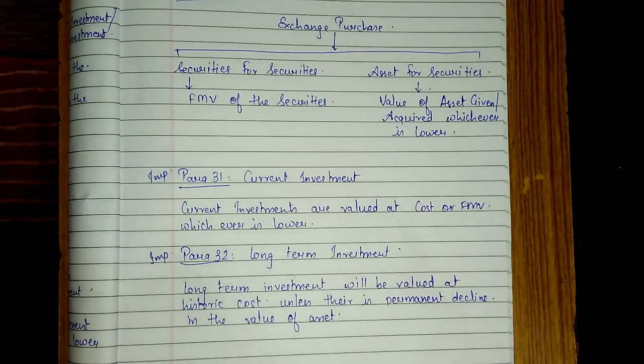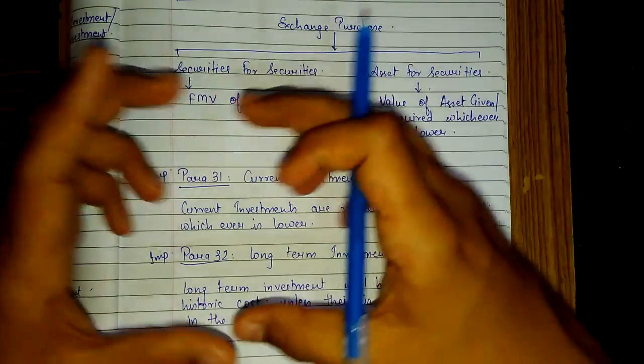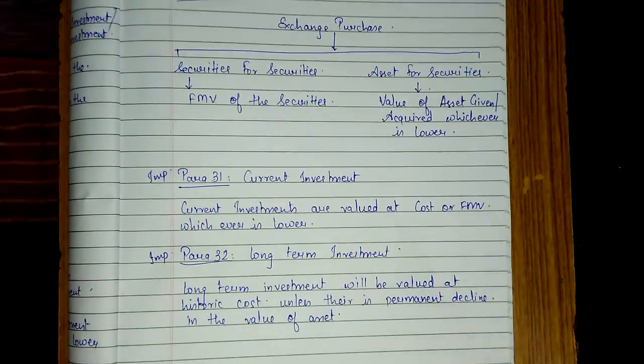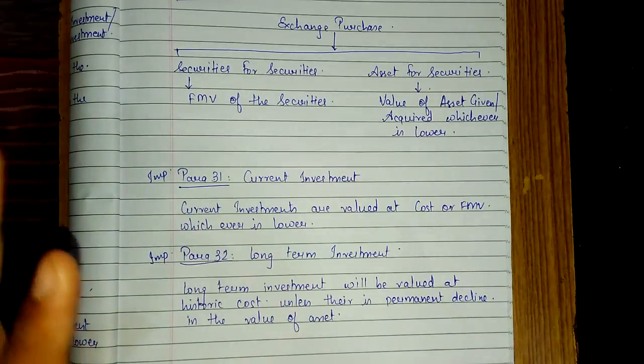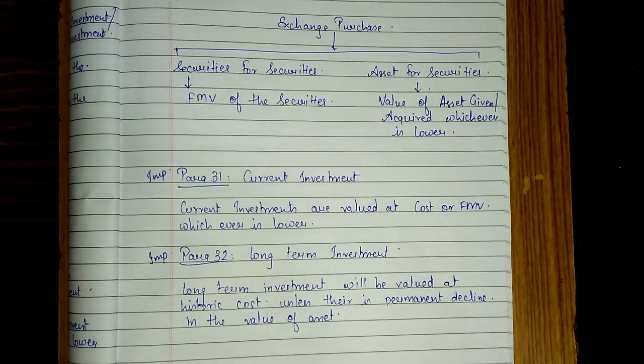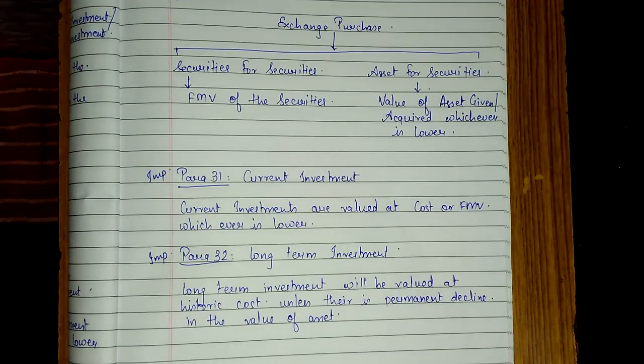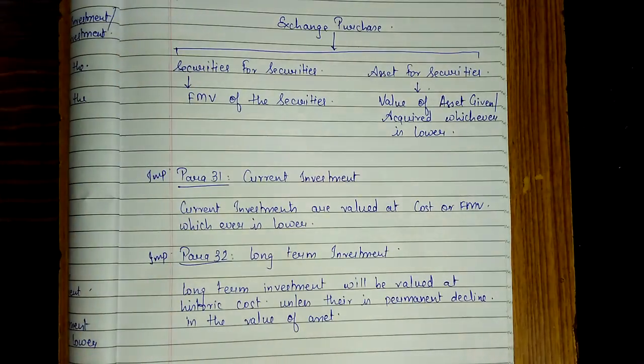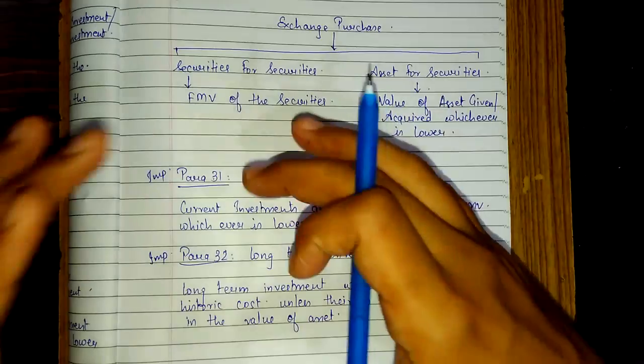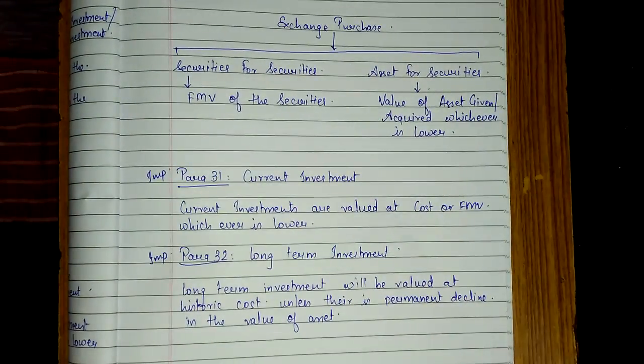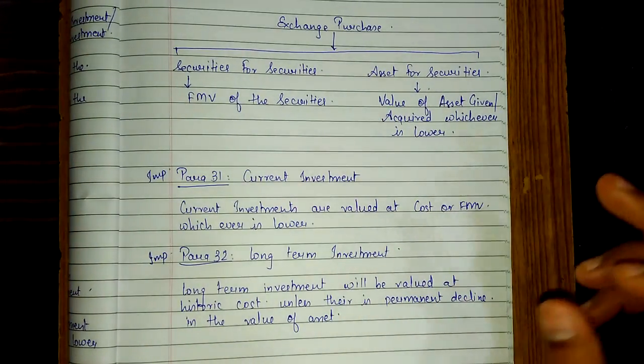So what does this say? Assume you have bought a gold brick at a cost of, just an assumption, rupees 2,50,000. You bought it 2 years before. That means you have held such gold brick for more than 1 year.